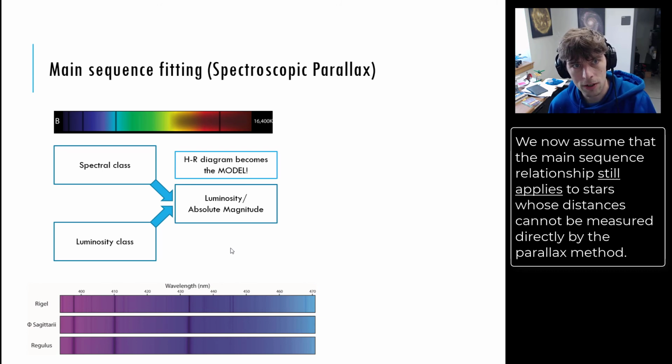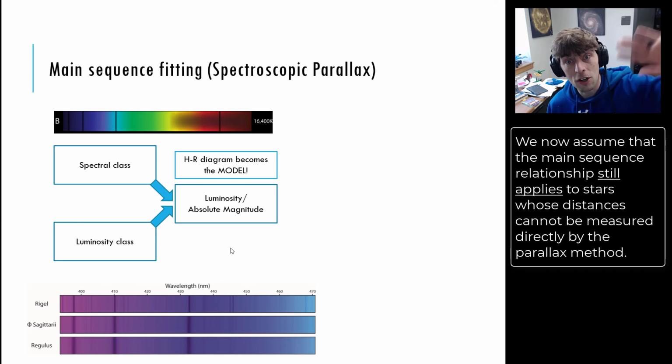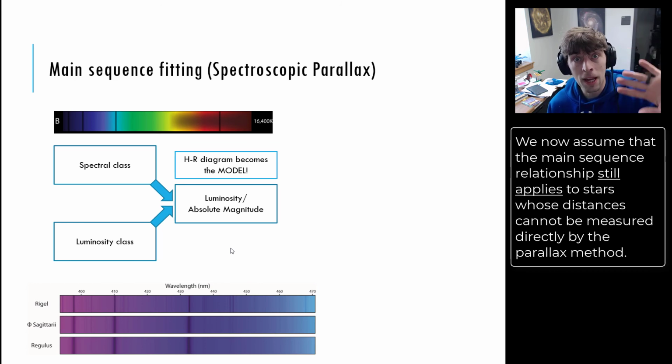In other words, we assume that the pattern that we observe for nearby stars also applies to stars that we can't measure the distance to directly. That's a big jump, right? We are going to take the HR diagram and assume it applies to stars further away that we can't measure the distance to directly.